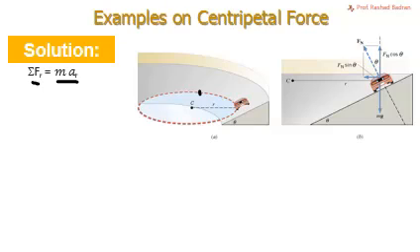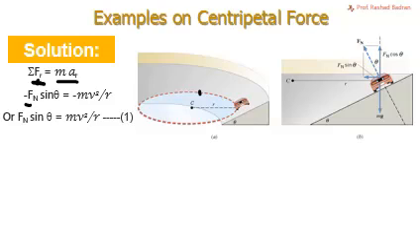So the only force acting on this car along the radius is Fn sine theta. By inserting this into the equation, having a minus sign, because as we said before, this force is directed towards the center, as well as the acceleration, which has a minus sign because it's directed towards the center, you're going to get equation 1.